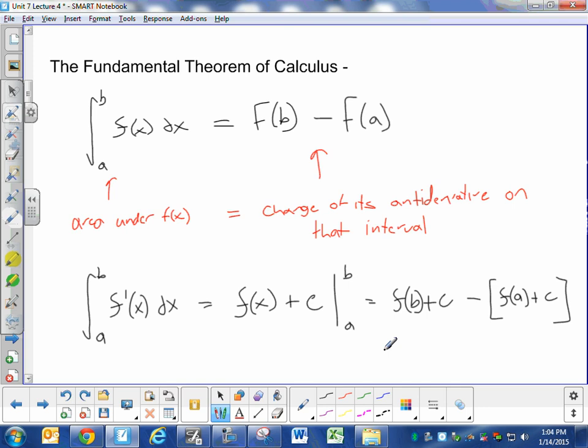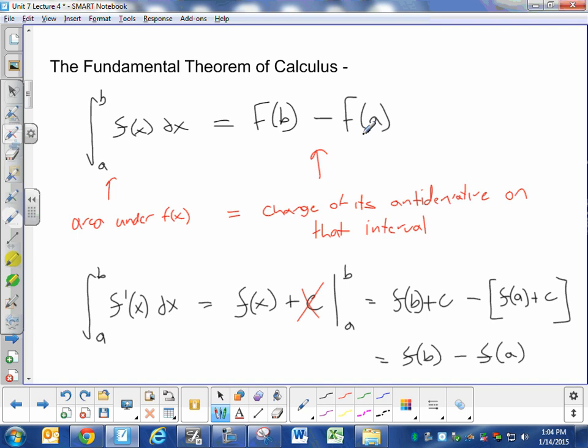Yeah, the c's actually go away. What that tells you is that I don't care where I start. I don't care what c is. I just care about how much it changed in this interval. This is just the change.